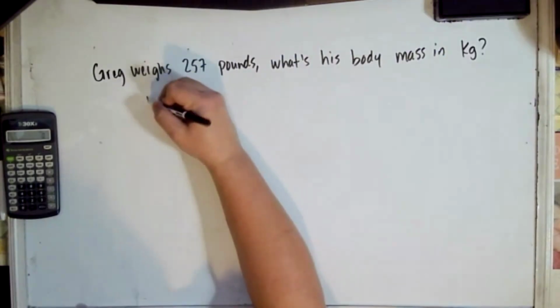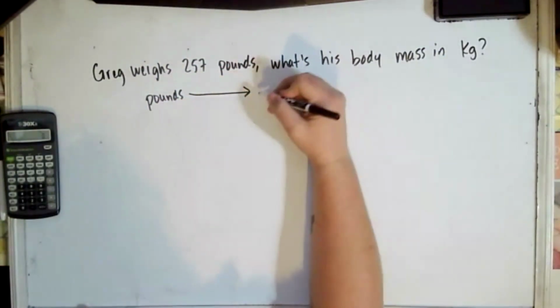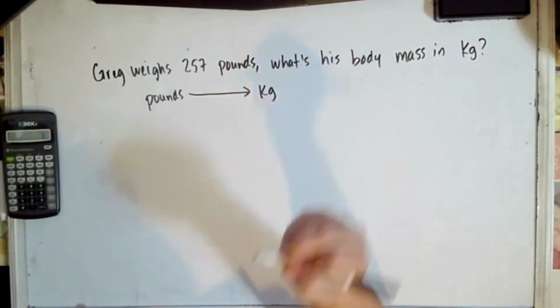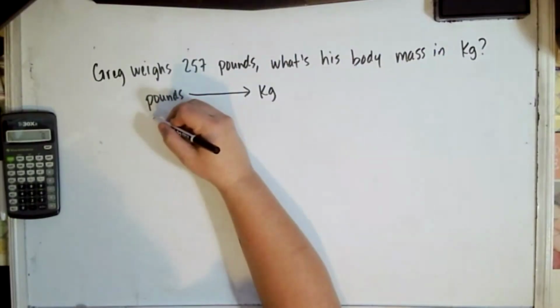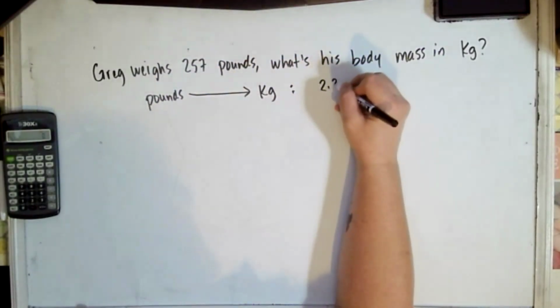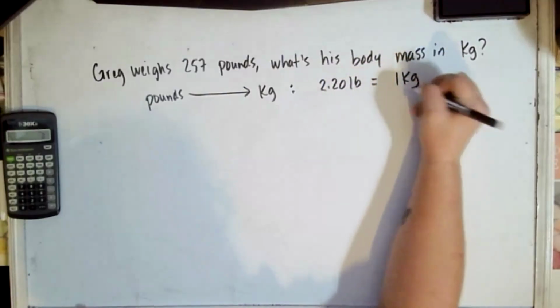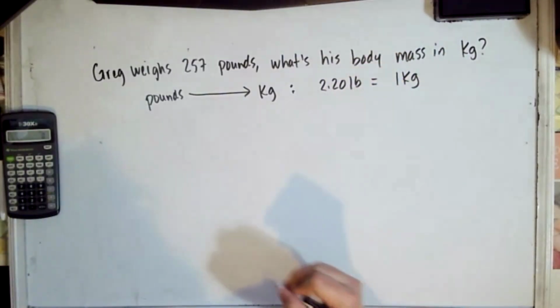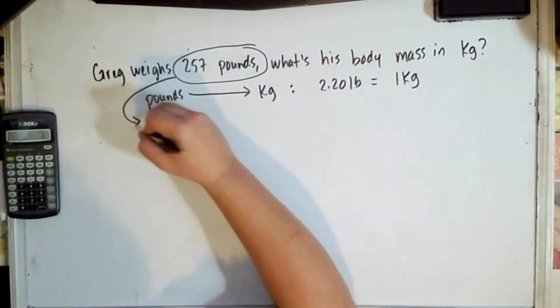Okay, so here our given information is pounds. Our end information is going to be kilograms. And we want to use the equality that relates those two things, which is going to be every 2.20 pounds equals 1 kilogram. And then we can set up our calculation starting with our given value.